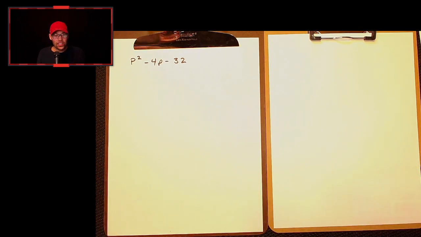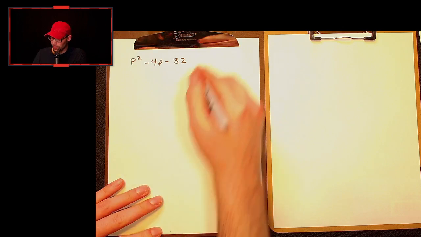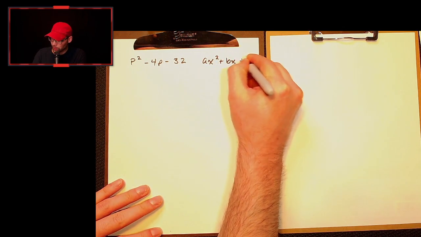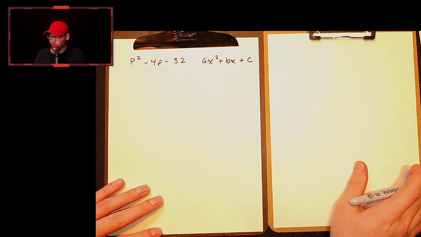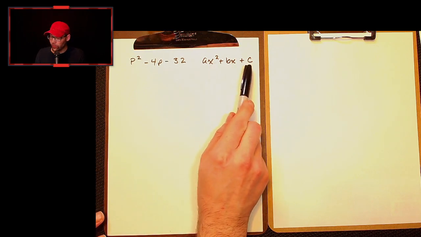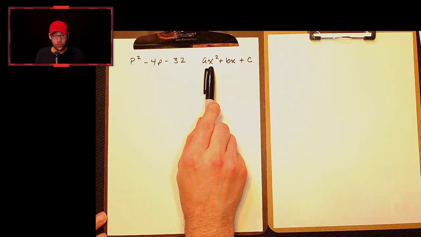Now, it is kind of a tedious method, but it works every single time. So the first thing you need to understand with quadratic equations is that we have a general form that is ax squared plus bx plus c. So this is the general form for a quadratic, and when we start seeing the variables a, b, and c, we are taking it from this general form. A is going to be the coefficient out in front of our variable squared term.